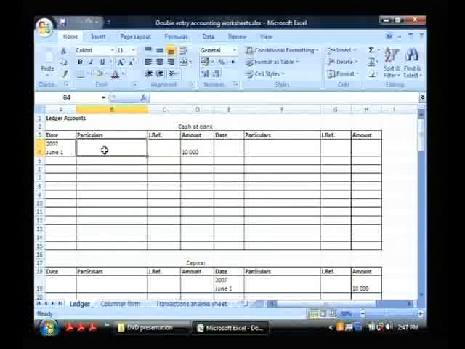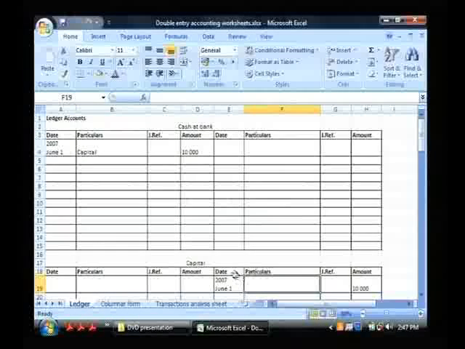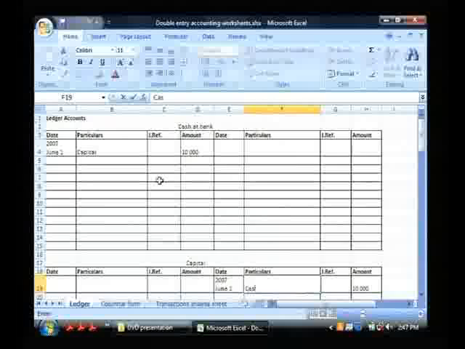Now what are we going to write here in the particulars column? In the particulars column, we don't write any other details other than the title of the corresponding account. In this case, the corresponding account is capital account. And here in the capital account, the corresponding account is the cash at bank account.